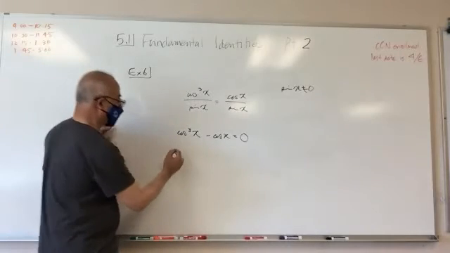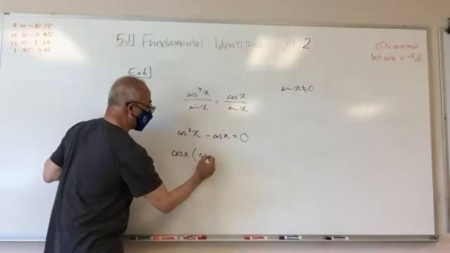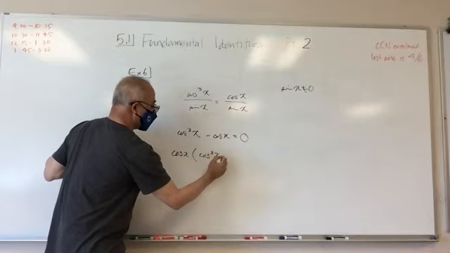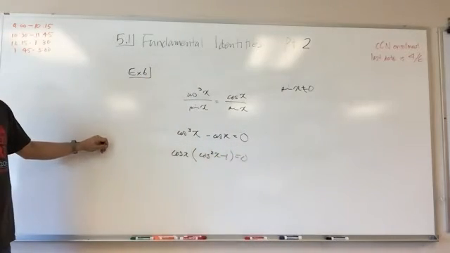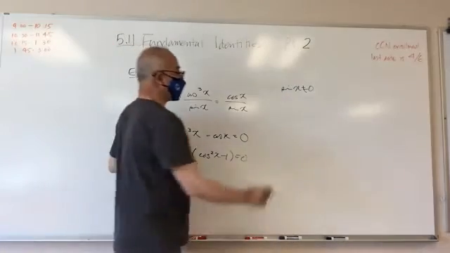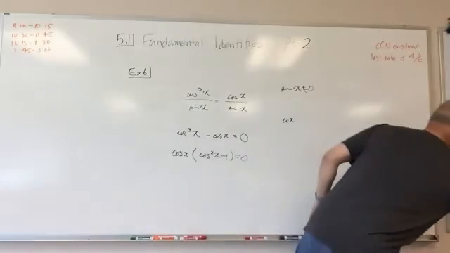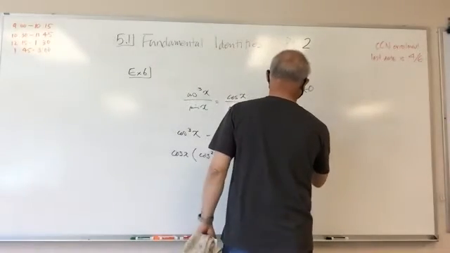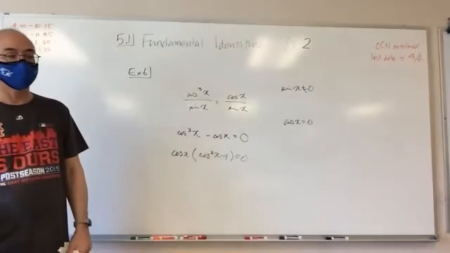So I'm going to get cosine x. If I pull one of the cosine x's out, I get cosine squared x minus 1 is equal to 0. Okay. So either cosine x can be equal to 0, or what else?